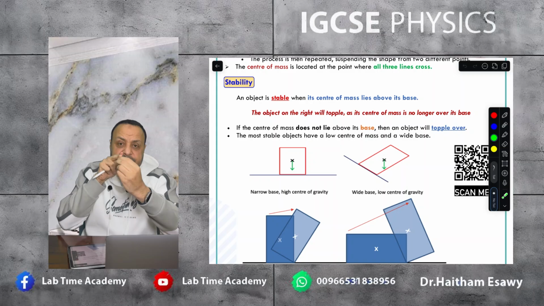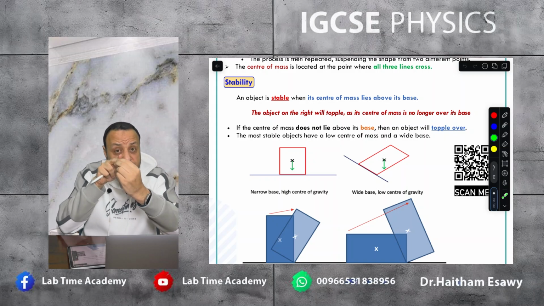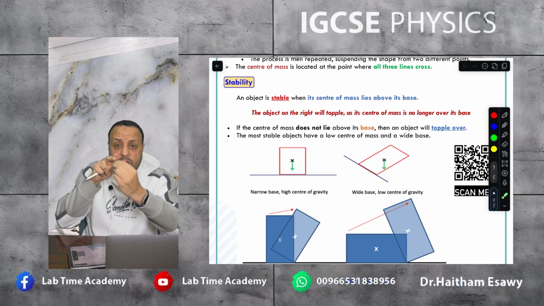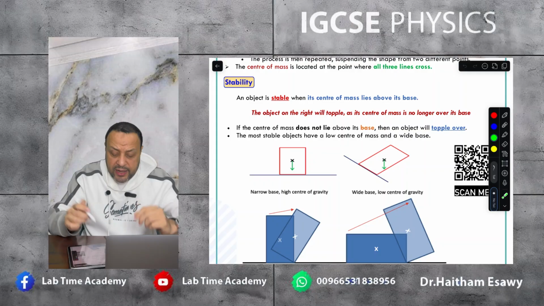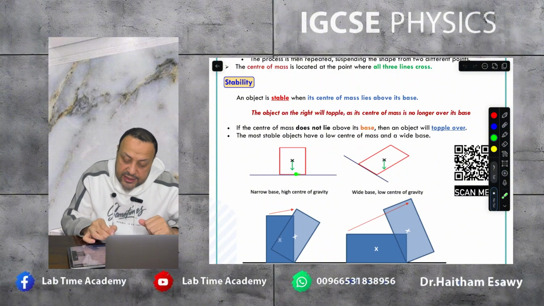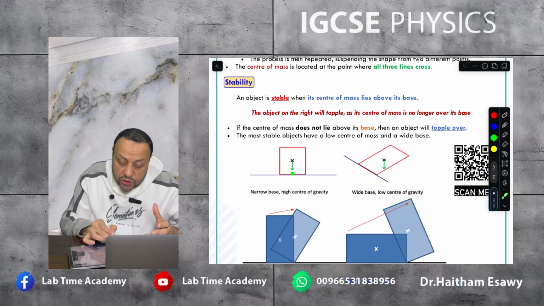But if the center of gravity is not above the base of the object, the object is not stable. For example, if we have this object, this cross is the center of mass and this will be the base. As you see, the center of mass is above its base, so this object is stable.